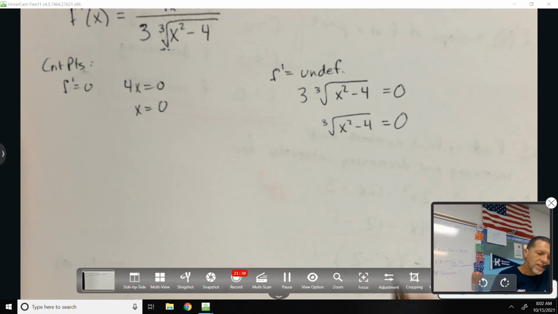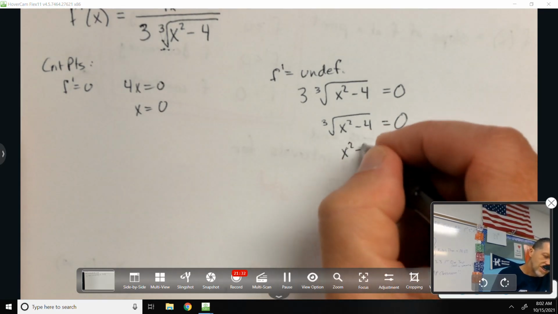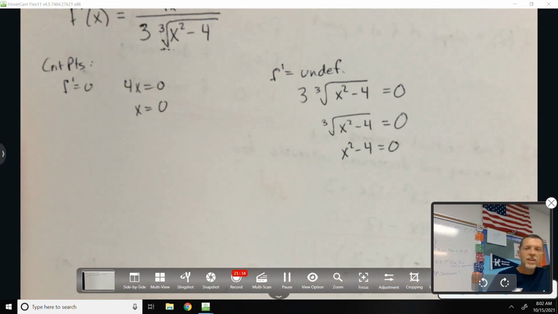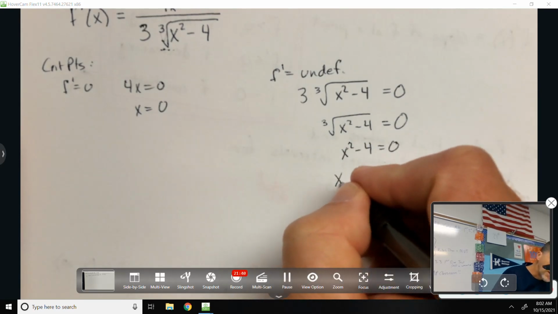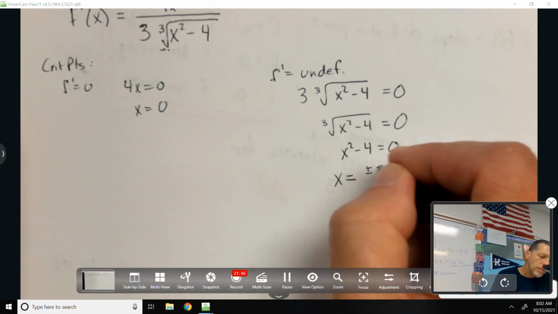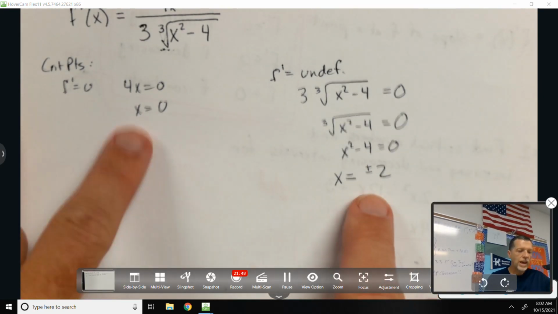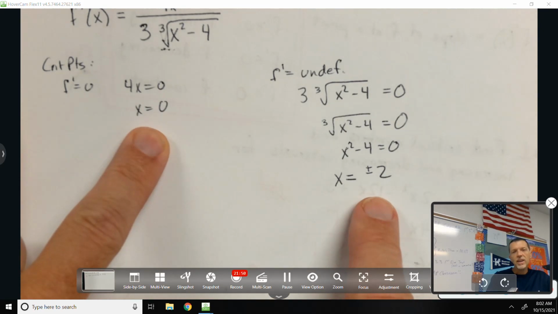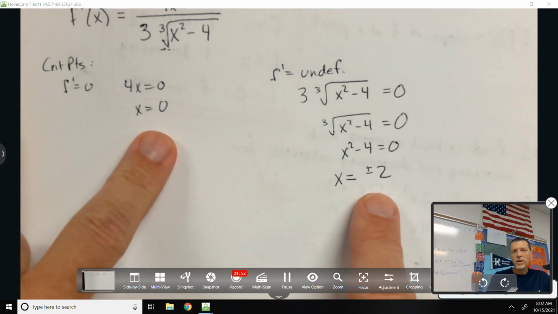Cube both sides. And then you could factor it, you could move the 4 over, but enough of showing my algebra steps. What values of x make the bottom 0? 2 and negative 2. So now I've got my critical points: 0 and plus or minus 2.